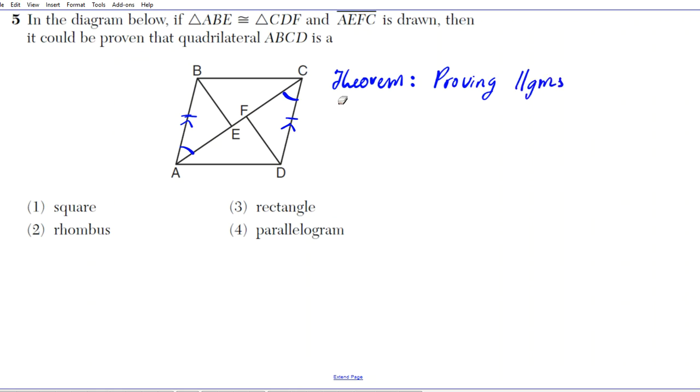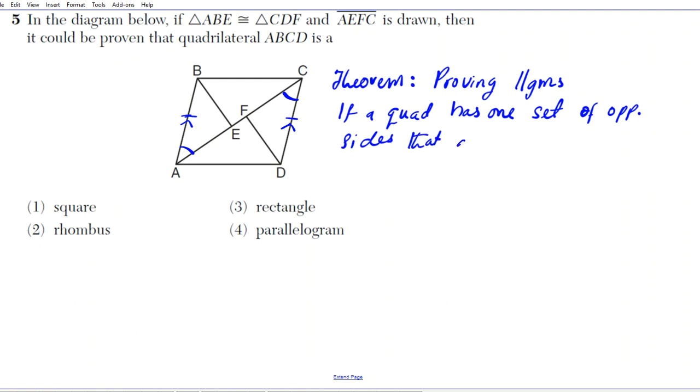One of them is that if a quadrilateral has one set of opposite sides that are parallel and congruent, then the quadrilateral is a parallelogram.